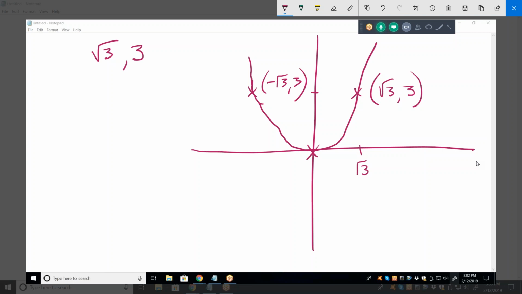And if we have 3 points, we should be able to work out the equation of a parabola. If we start with y equals x squared, that satisfies all 3 points.